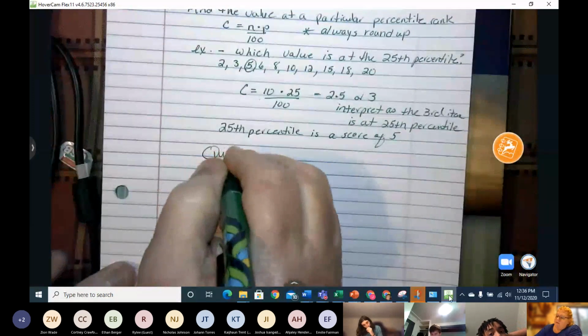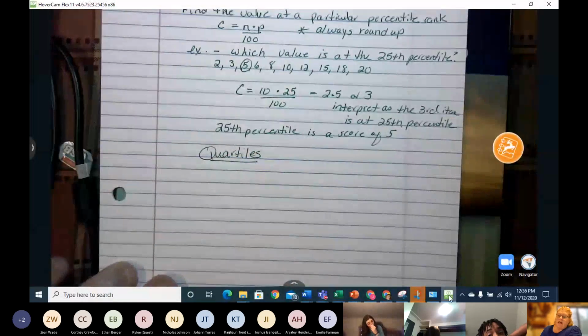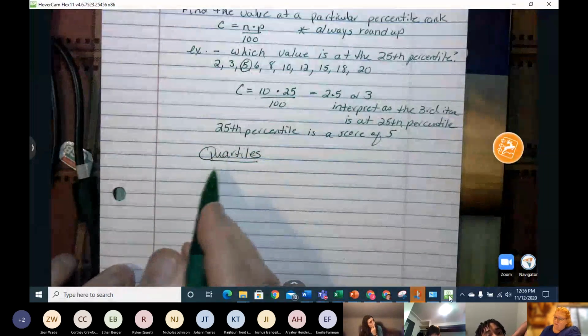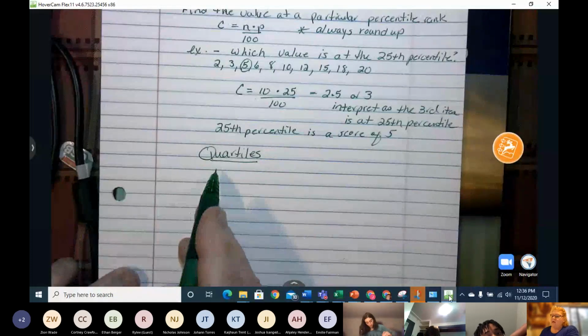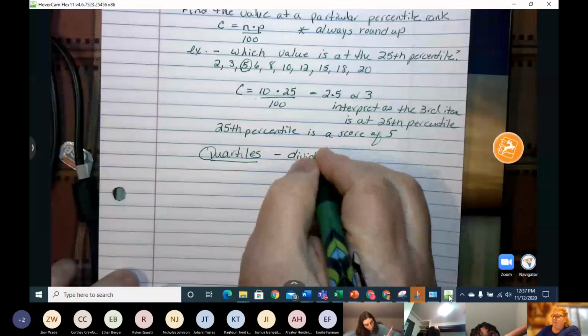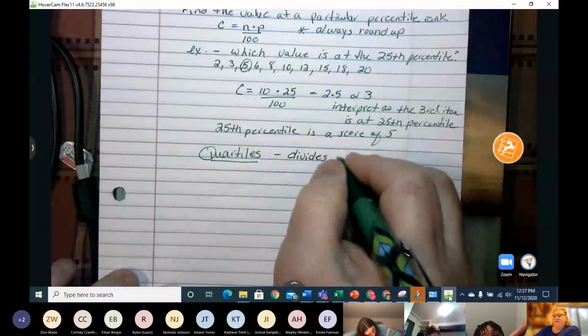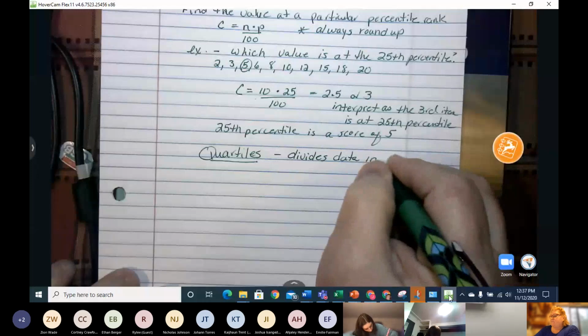Next, we're moving on to quartiles. So again, similar to the prefix, percentiles being 100, quartiles means we're going to divide our data up into 4 parts.